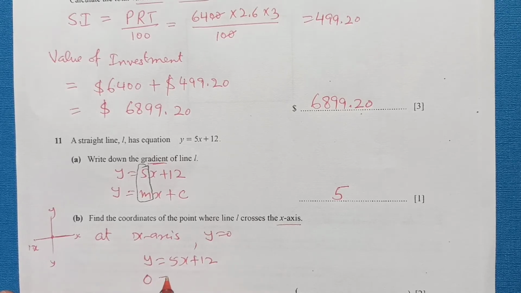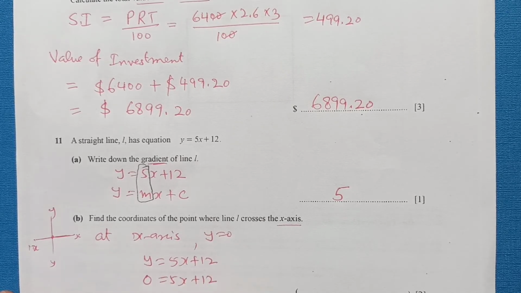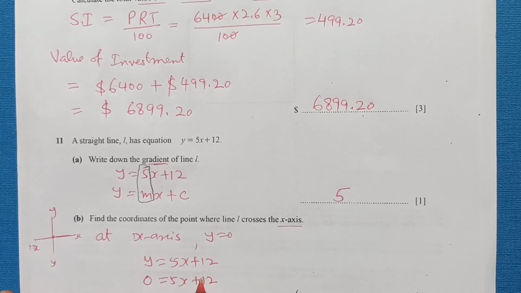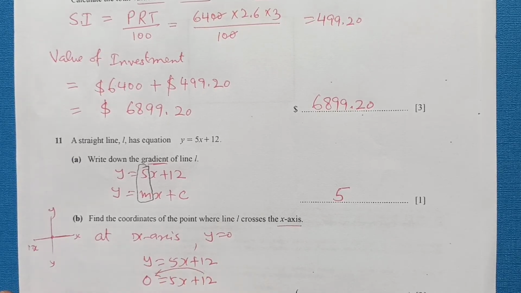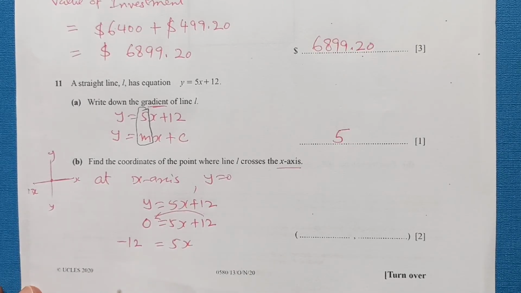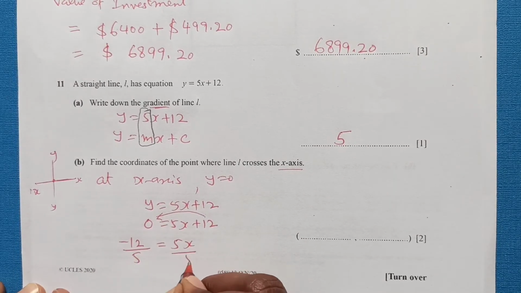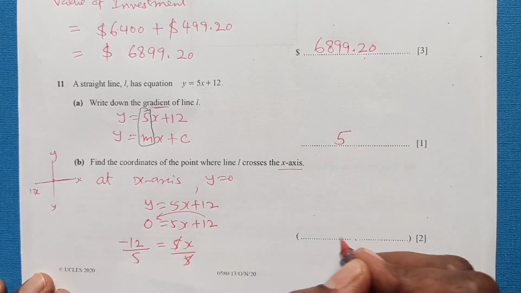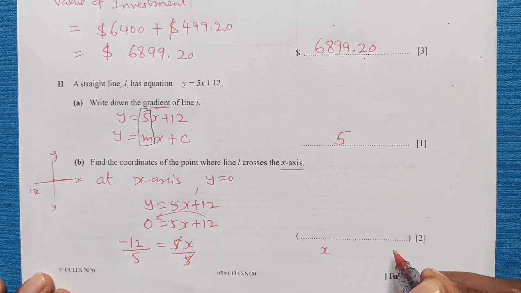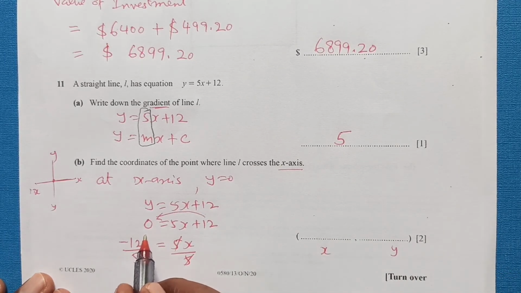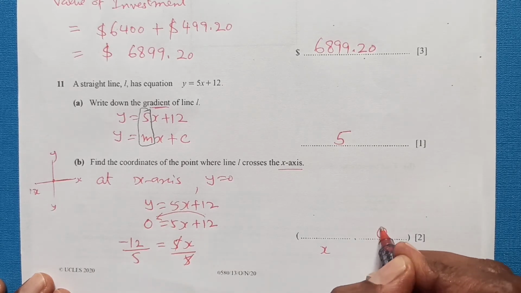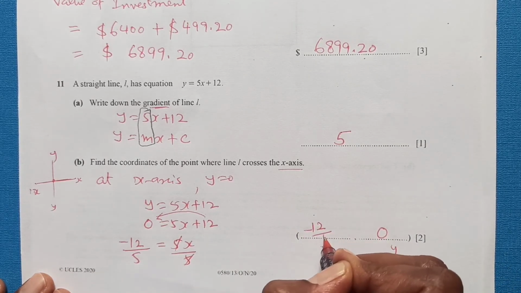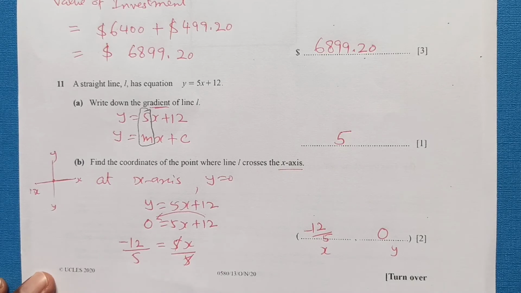So 0 equals 5x plus 12, so negative 12 equals 5x. Shift the negative to the other side, divide by 5, so x is negative 12 over 5. This coordinate is for x and this is for y. So y is 0 and x is negative 12 over 5. This is our final answer.